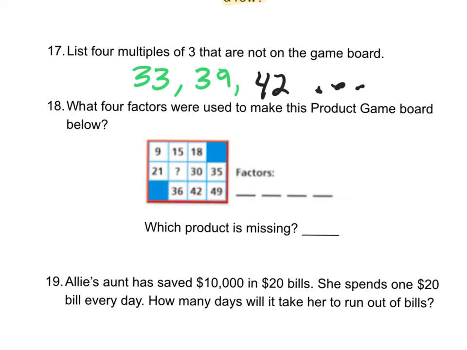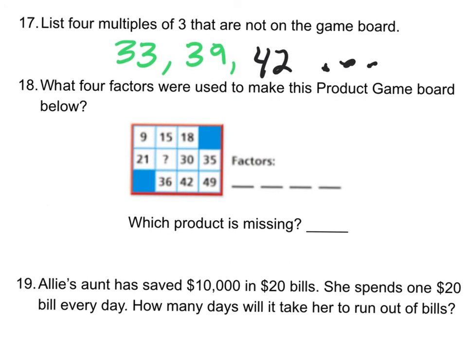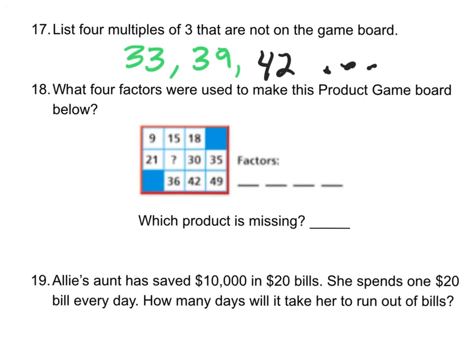But what you can do to figure out the factors, let's first find the factors of each of the numbers listed on the board and see if some of the factors match. Hey, this is good practice. I'll do 9.